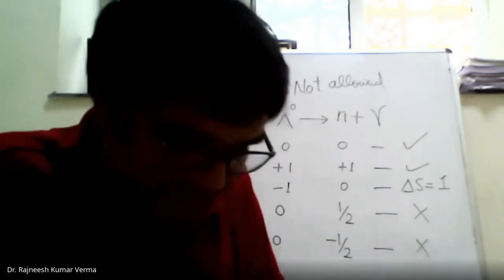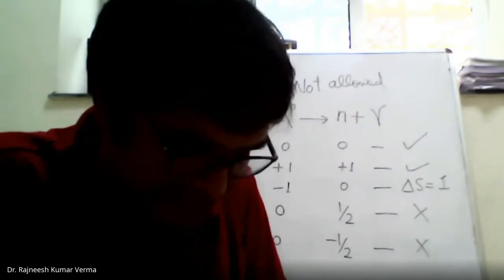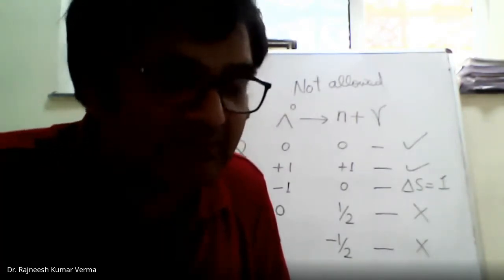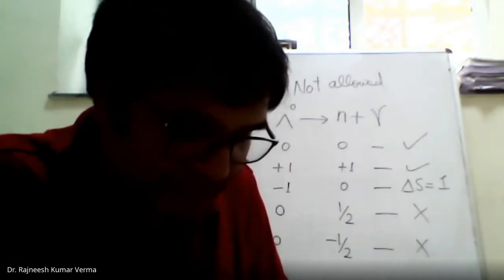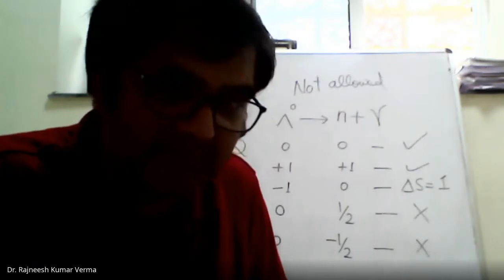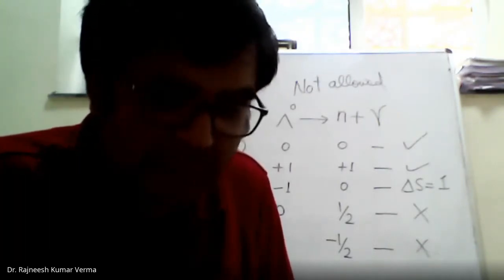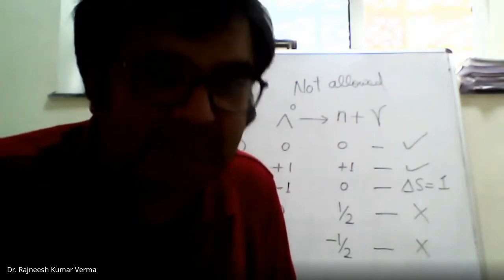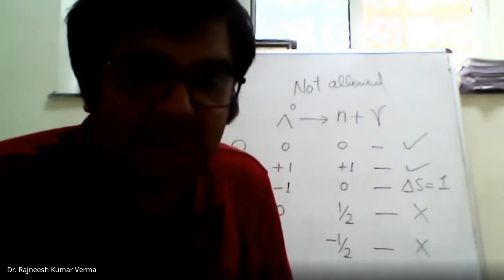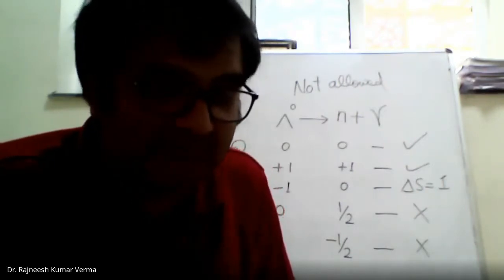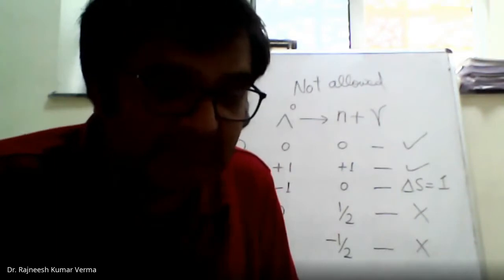Then comes the one thing which was still left to cover. The ordinary matter which we see in our daily life is composed of neutrons, protons and leptons, the electrons.